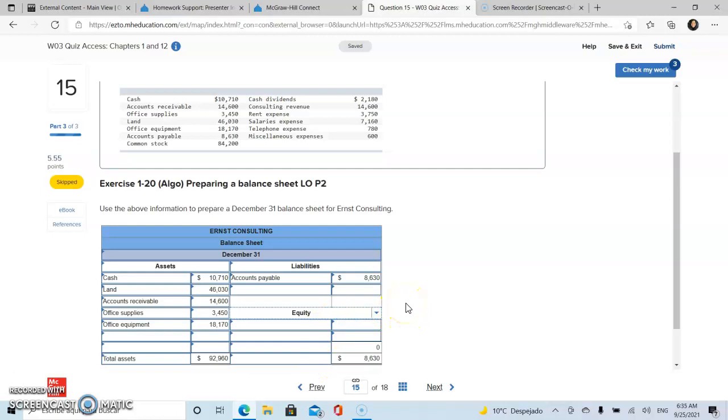And then we are going to continue with our equity. This section, equity, is the owner's claim on assets, or the part of the business that belongs to the owners, any money they put into the business. So we're gonna go ahead and put common stock.